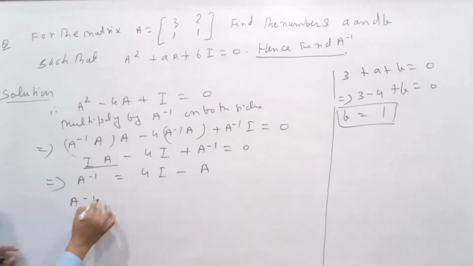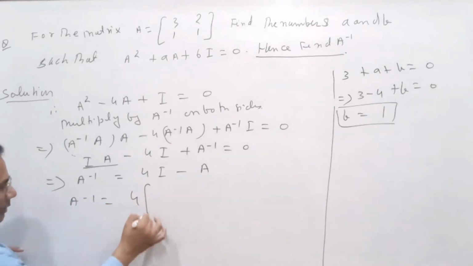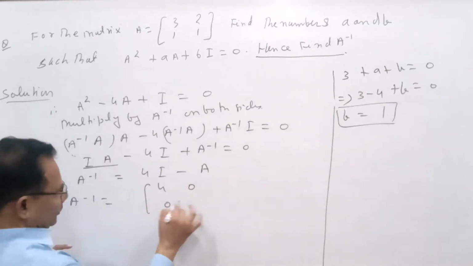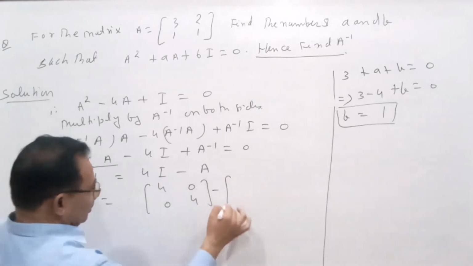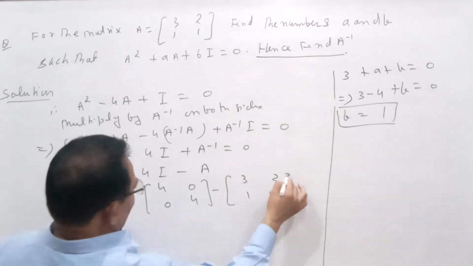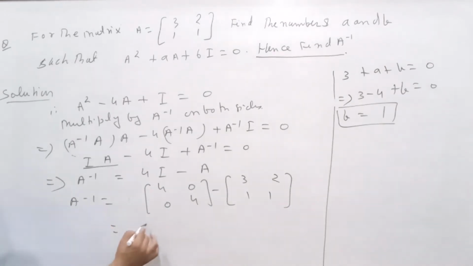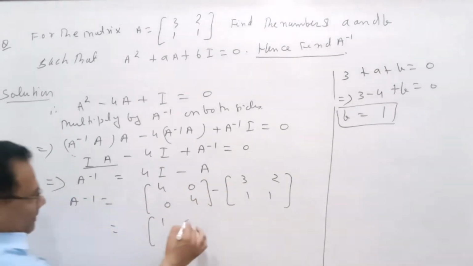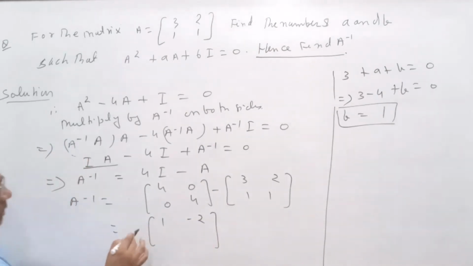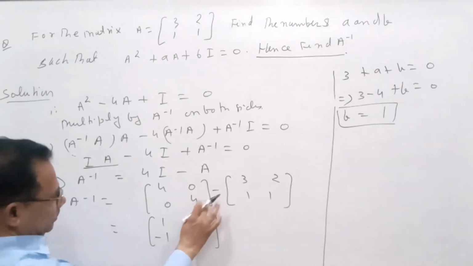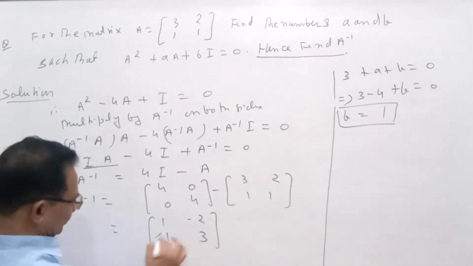Now putting the value of the identity matrix, that is 4, 0, 0, 4, minus the A matrix, that is 3, 2, 1, 1, this is equal to 4 minus 3, that is 1, minus 2, that is minus 1, and that is 4 minus 1 is 3.